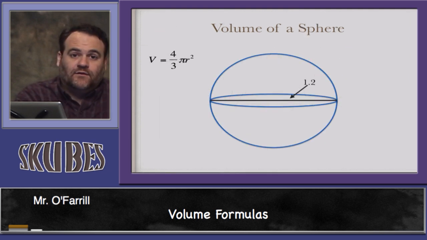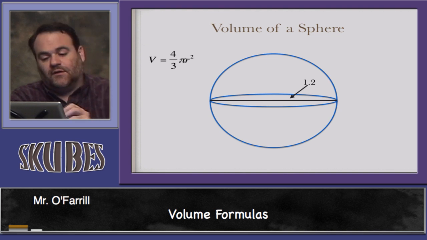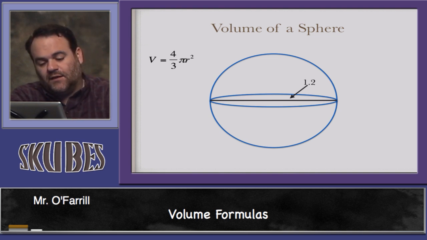And the last shape we're going to look at is the sphere. The formula for the volume of a sphere is 4/3 pi r cubed, where r is the radius of the great circle, or circle that goes through the equator or middle of it. Now this time our radius is simply 1.2.